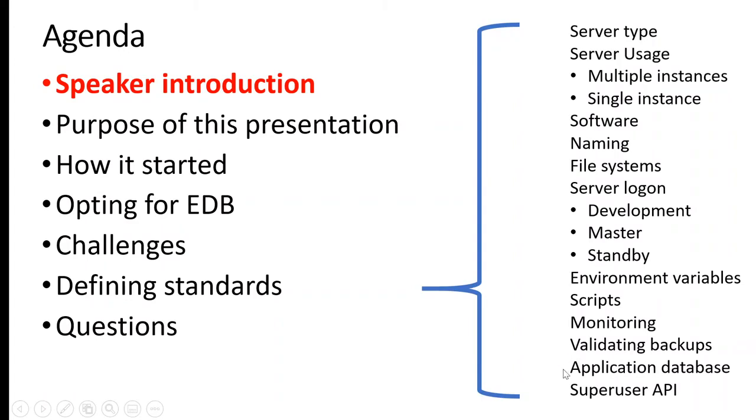I'm going to tell you what standards we defined for application databases. And the last item of the standards is the superuser API, which we created to help our developers.